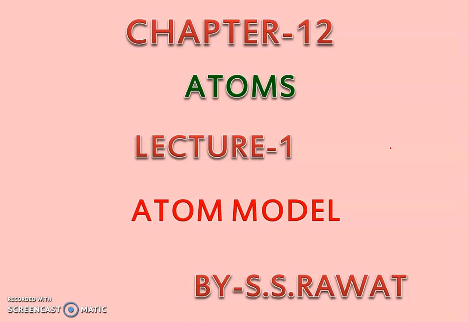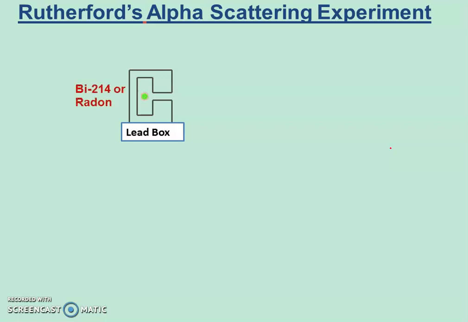But after some time, in 1911, Rutherford performed an experiment that is called the Rutherford alpha scattering experiment, right? In this experiment, there was a lead box containing radon or bismuth.